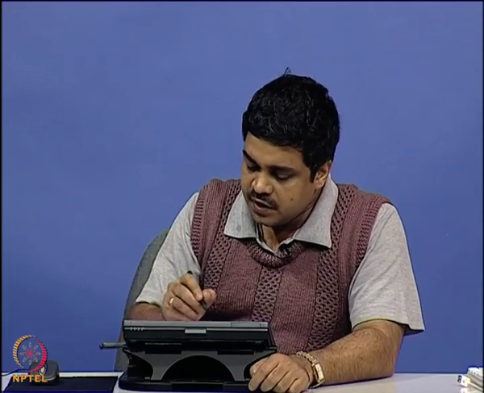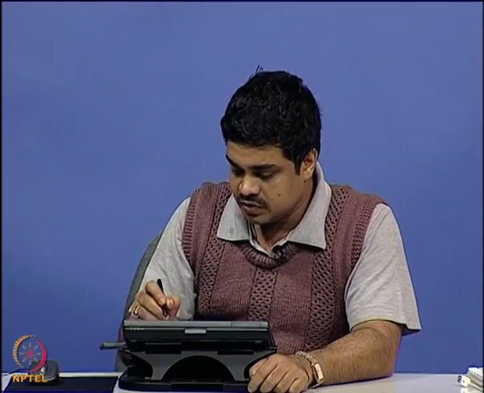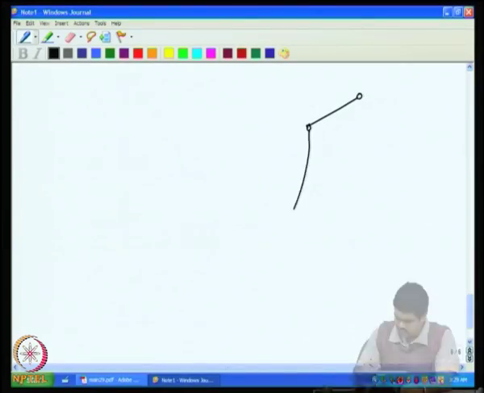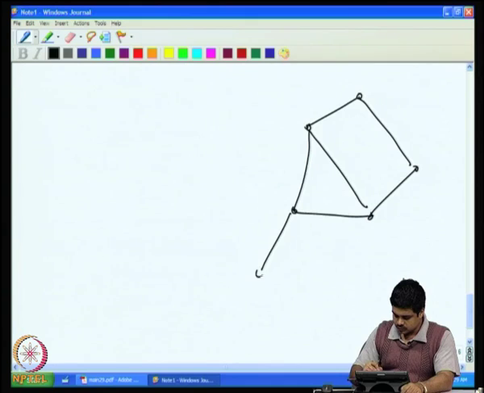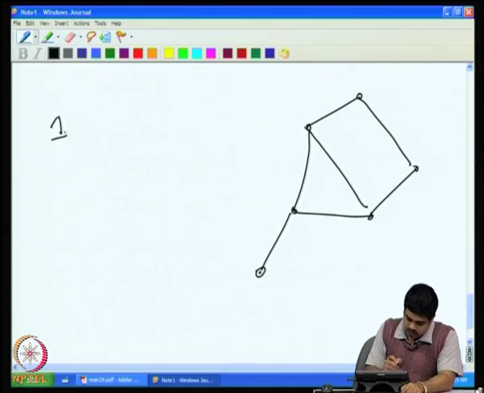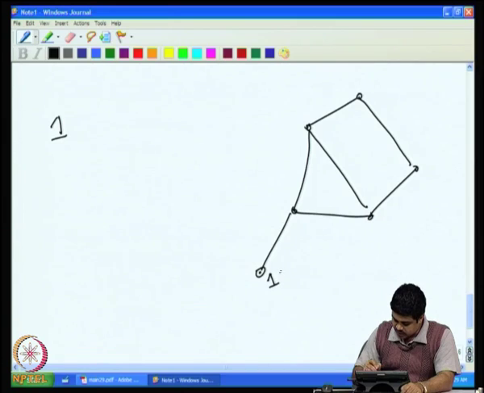Given any graph, you can write down the degrees of its vertices. So, for instance, for this graph, the degree of this vertex is 1, this vertex is 3, here is again 3, again 3, this is 2, 2.